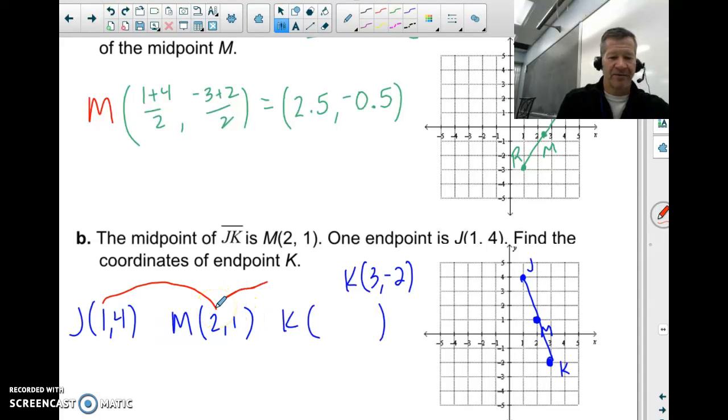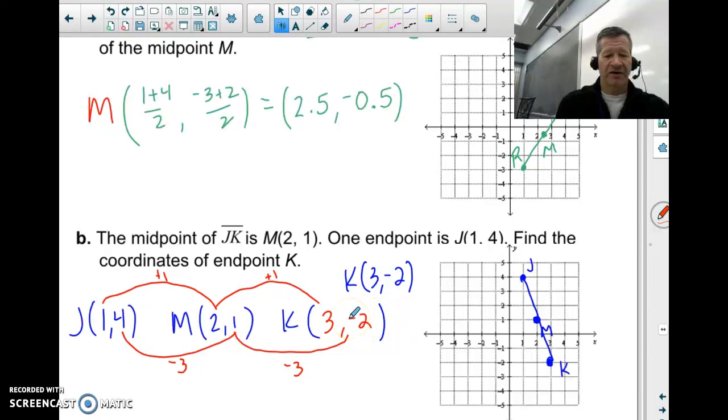So to get from M to the other endpoint, add 1 again. And that would give me 3. To get from a Y value of 4 to a Y value of 1, I had to go down 3. So to get from this Y value to K's Y value, got to go down 3 again. Well, 1 minus 3, there's another way you could come up with your -2, right?